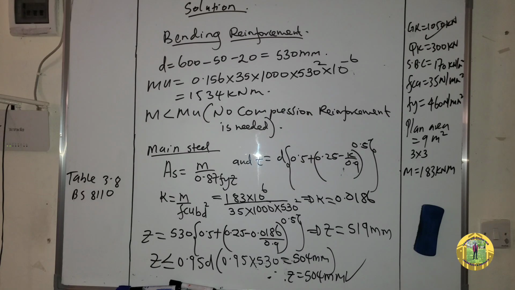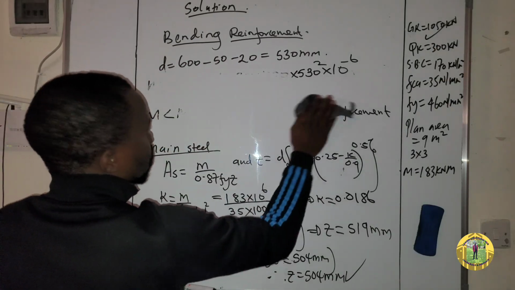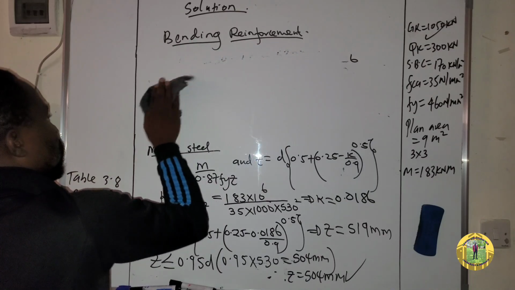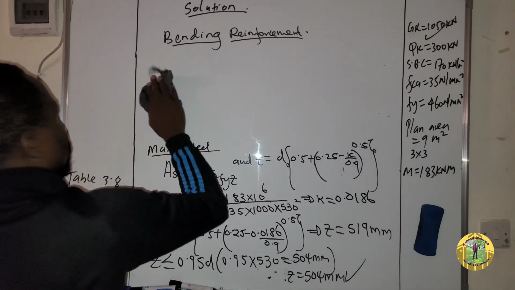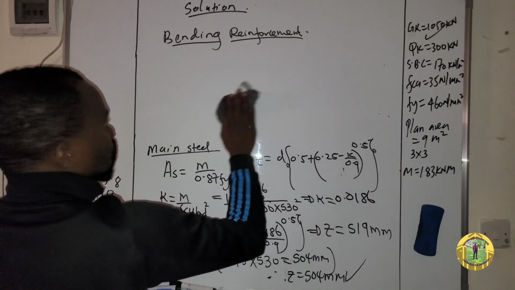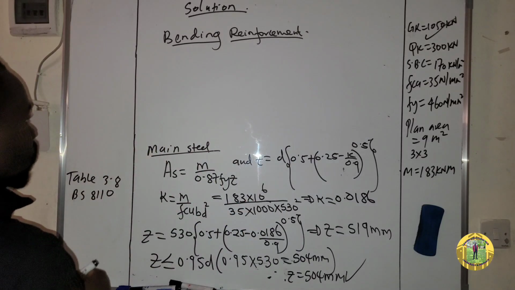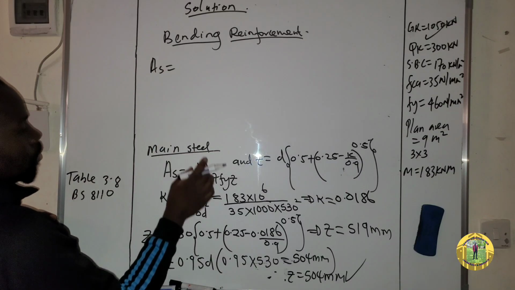We now calculate the area of steel. So area of steel, use this formula.